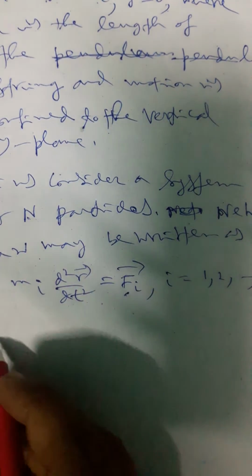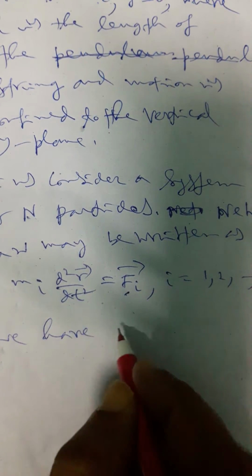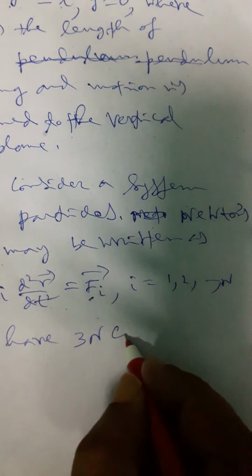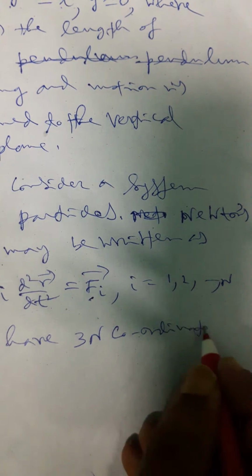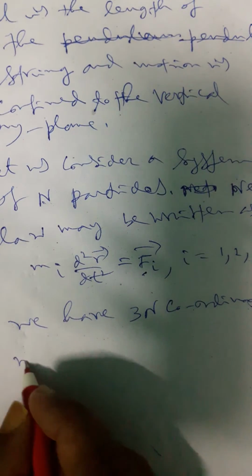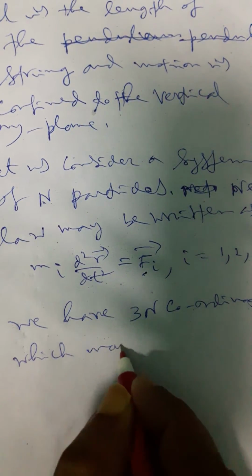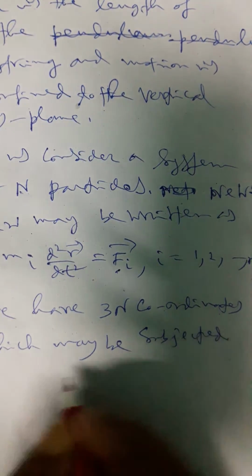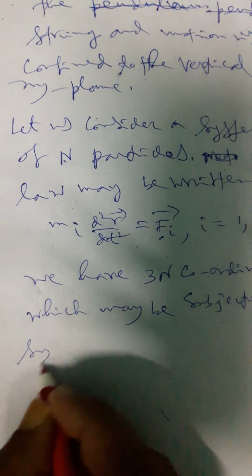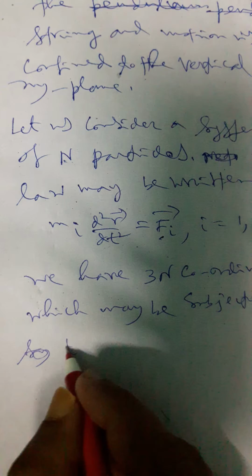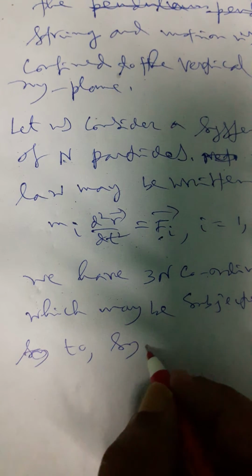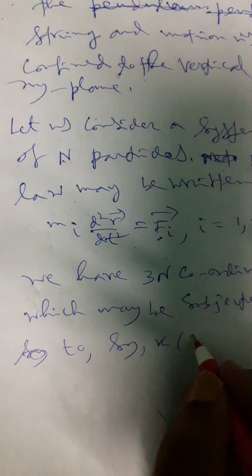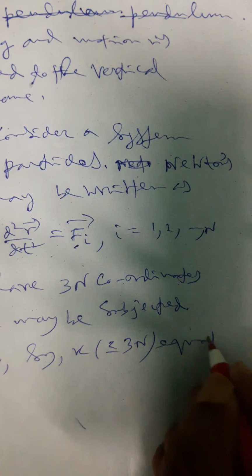So we have 3n coordinates which may be subjected to k constraints, and always k is less than or equal to 3n. These are the restrictions, the equations of constraints.